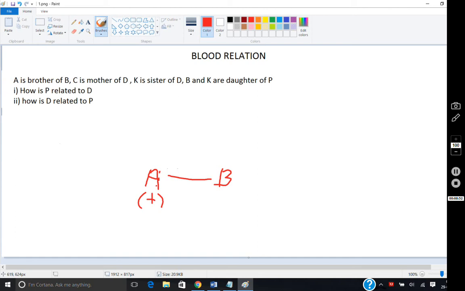C is mother of D. Here C is female, mother of D. Here is a generation gap. C is mother, so we will draw a vertical line. C is mother of D.